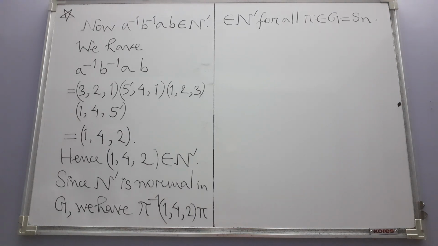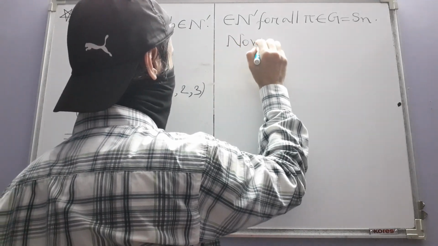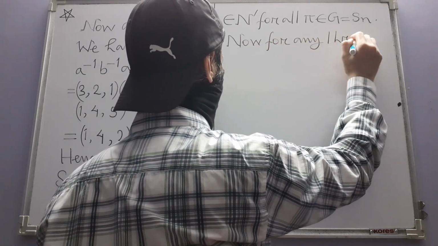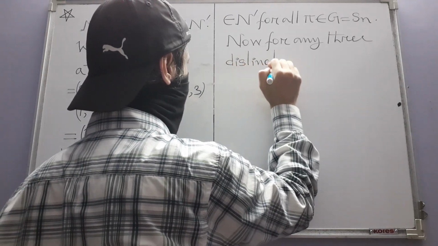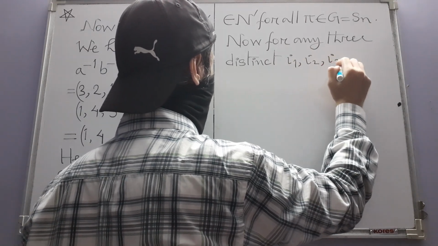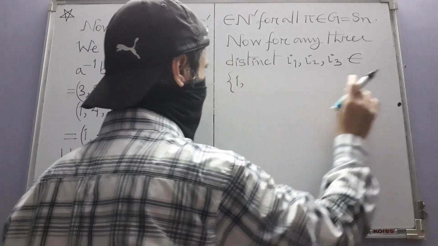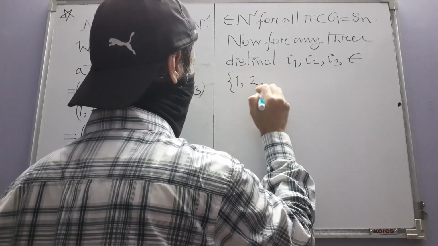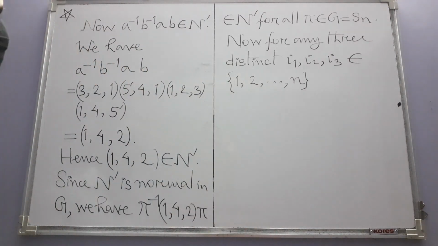All right. Now, for any 3 distinct symbols I1, I2 and I3 in the set of available symbols on which the group Sn acts.